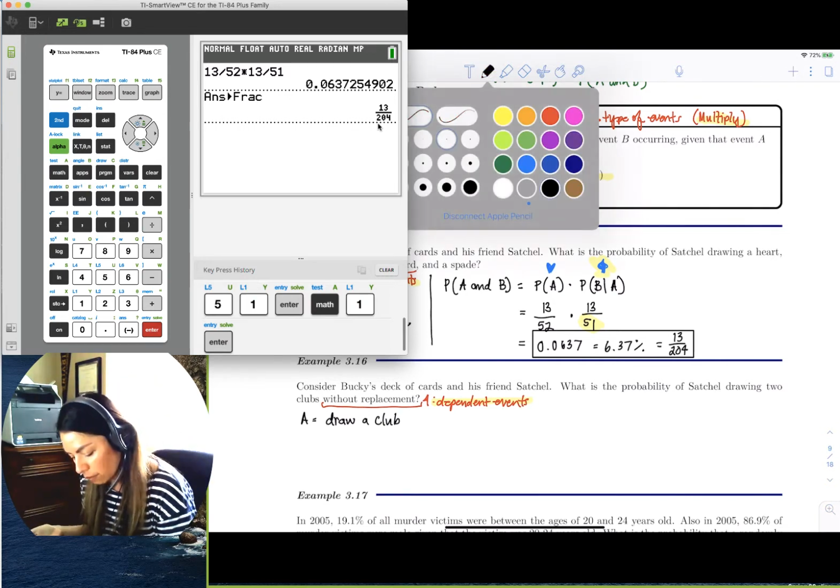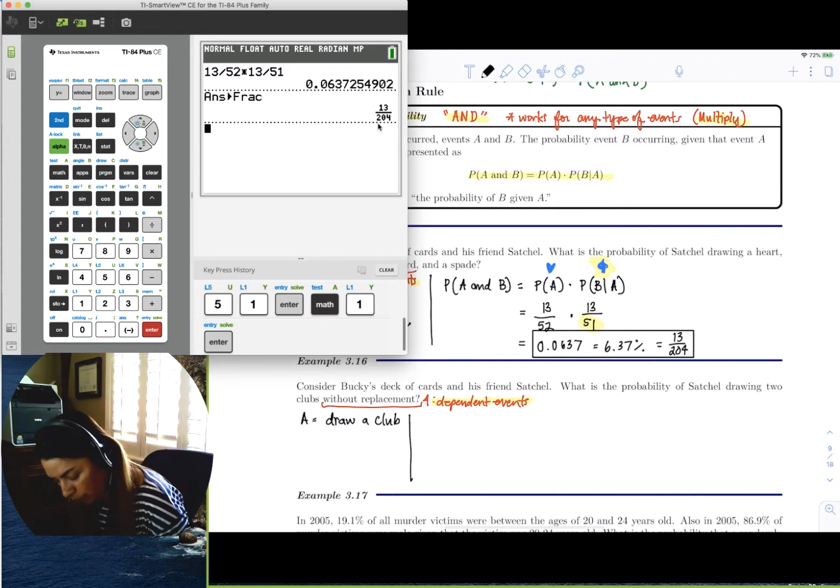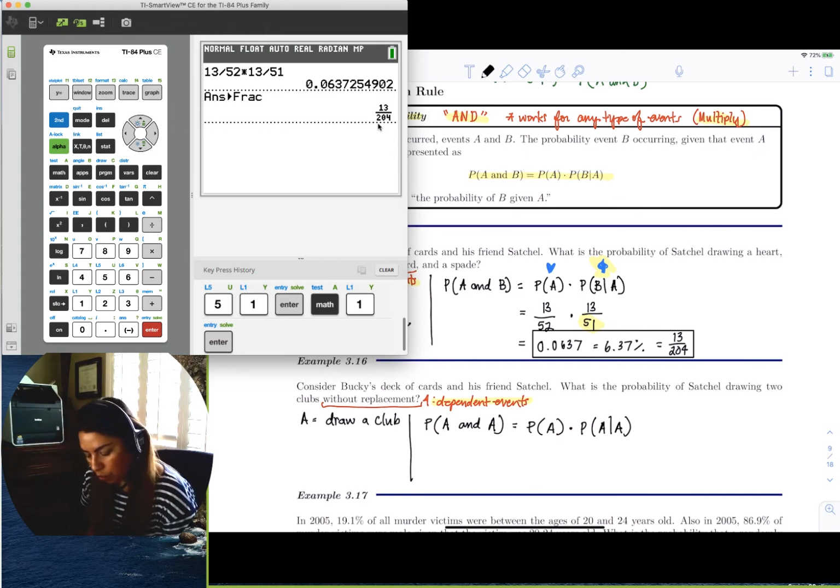Okay, so if we wrote this out, we would have the probability of Satchel drawing a club and another club. Well, that's just equal to the probability that Satchel draws a club on that first event times the probability that Satchel draws a club on the second draw, given that he already drew a club in the prior draw.